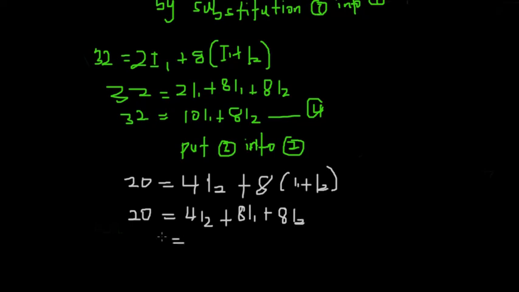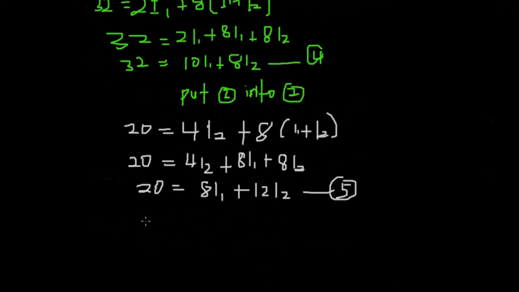So this will further simplify to give us 20 equals 8I1 plus 12I2. So that will also give us equation 5. Now you can simplify and solve equations 4 and 5.